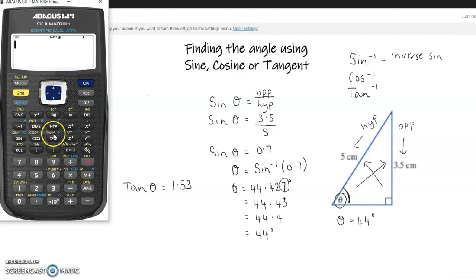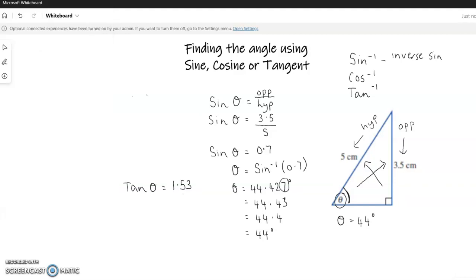We're going to hit tan, and this gives us tan to the -1, and we're going to put in our ratio 1.53. Now remember, we have to put in our line of working. So we need to say that theta is equal to inverse tan of 1.53. Now I can work out what my angle is.